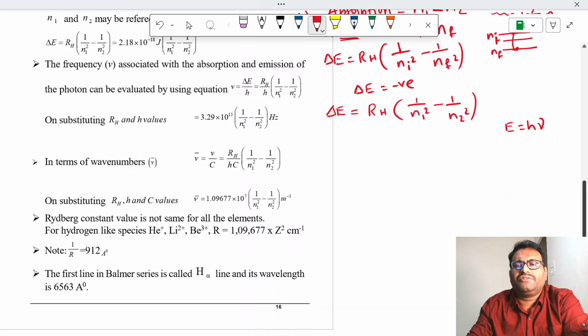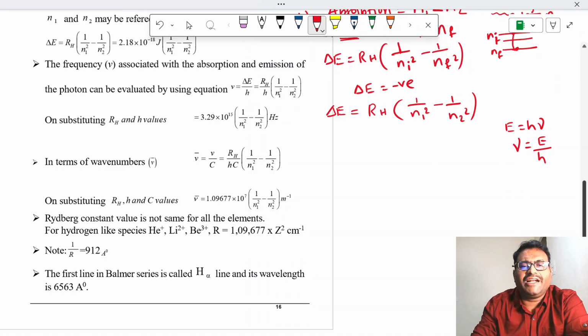Nu is equal to E by h. Frequency is equal to energy by Planck's constant. Here, delta E is also energy. Higher energy minus lower energy gives you energy. Overall, delta E is nothing but the energy difference.